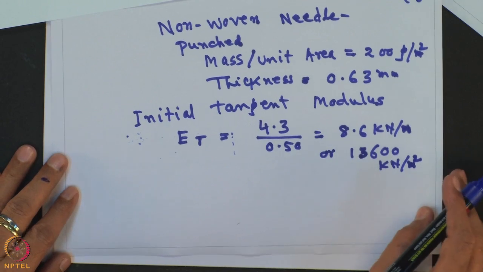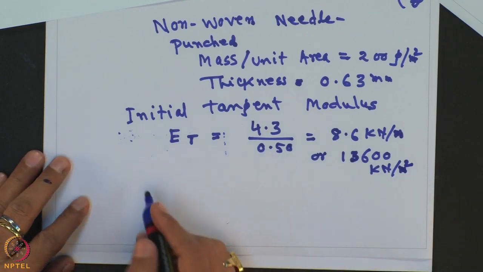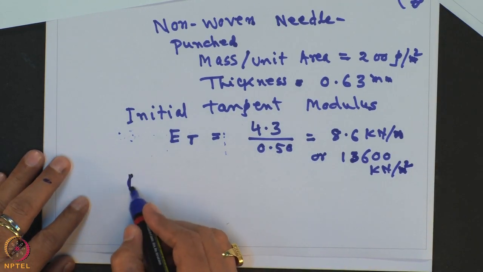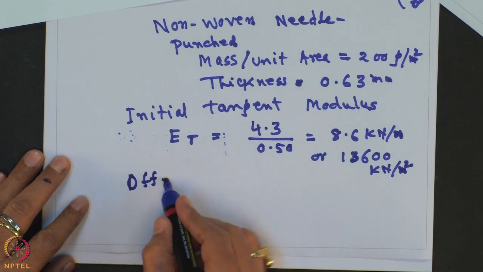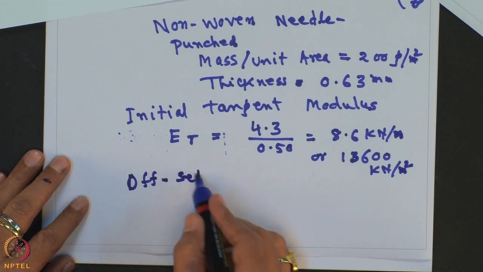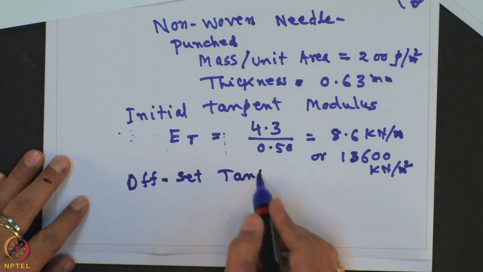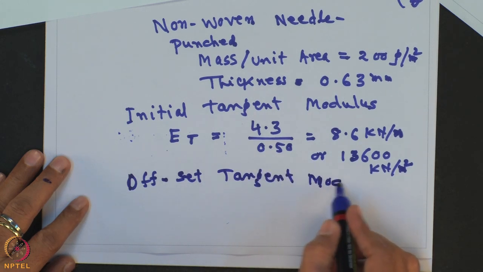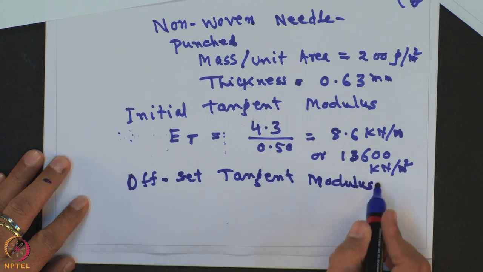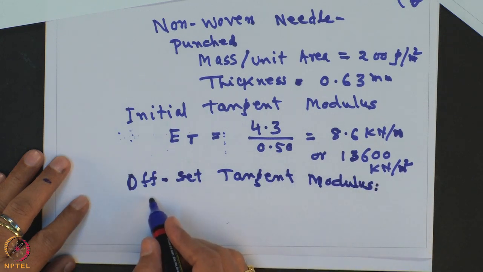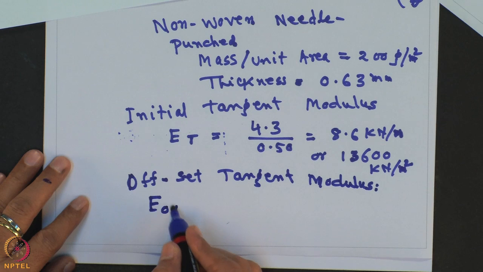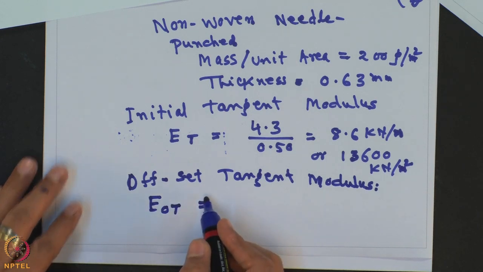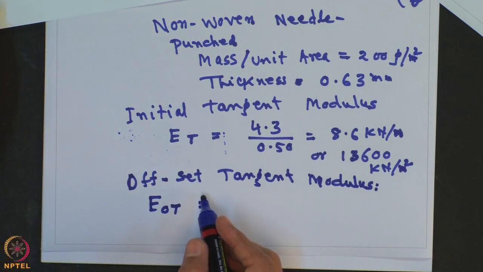offset tangent modulus. So, remember this offset tangent modulus, which is designated as EOT.